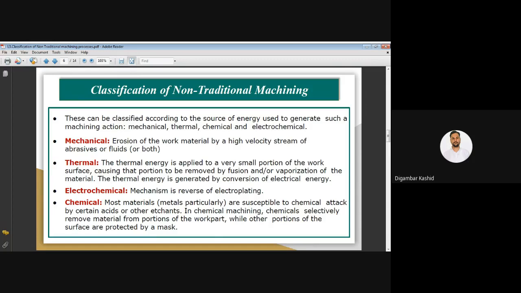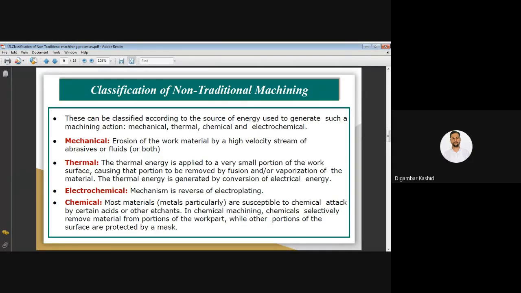Now how is heat energy going to remove the material? If you continuously apply that heat on a small portion of your workpiece surface, then due to fusion and vaporization, that means melting and vaporization, material will be removed from that portion from where you want to remove it.